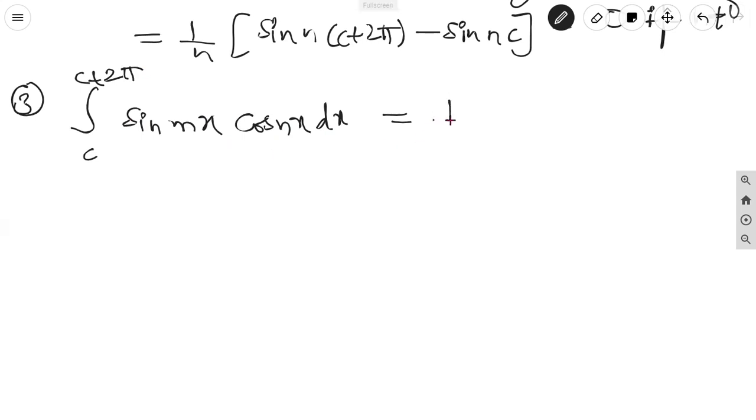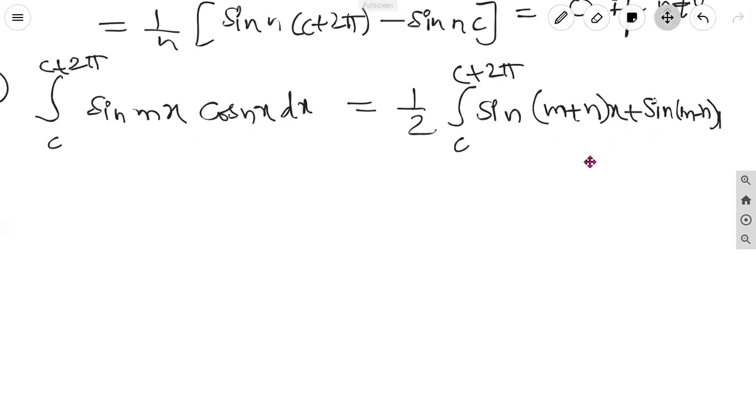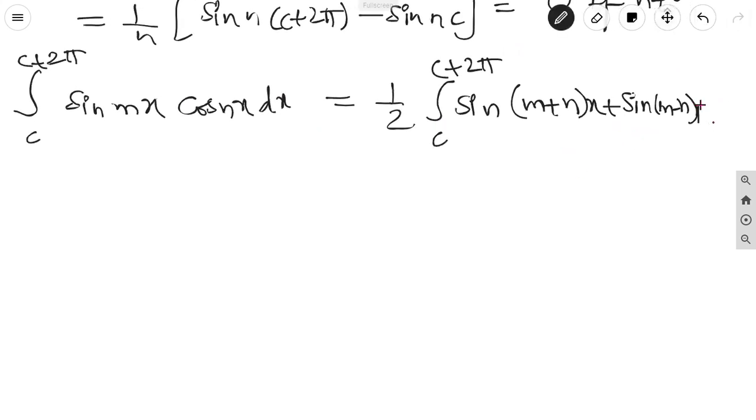It is 1 by 2 integral c to c plus 2 pi of sin of a plus b plus sin of a minus b, whole dx. Sin integration is 0 over the finite interval c to c plus 2 pi.